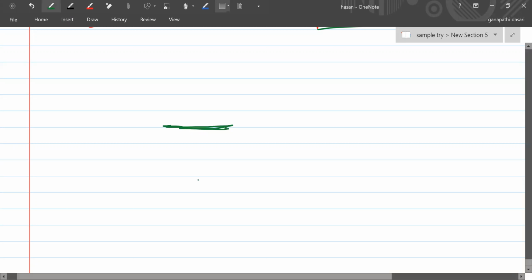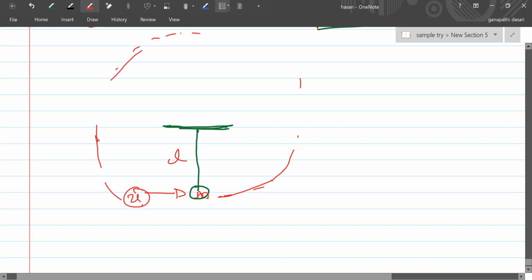The string is of length L. What is the minimum velocity u to be given to this ball so that the ball can complete a complete vertical circular motion? Are you getting this? What is the velocity that should be given to this ball? Got it?